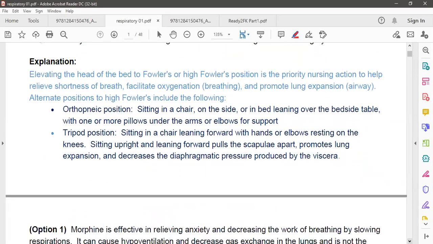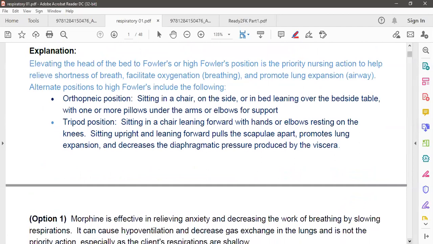Let me read the explanation. It can help you with better understanding. Elevating the head of the bed to the Fowler or high Fowler position is the priority nursing action to help relieve shortness of breath, increase the oxygen supply, and promote lung expansion, right?